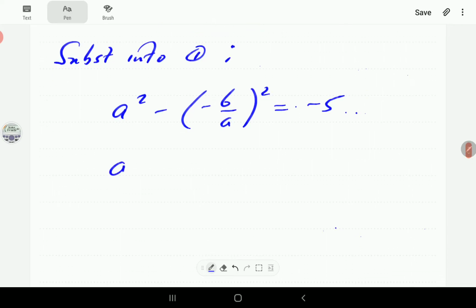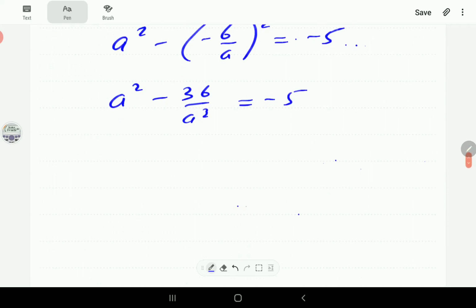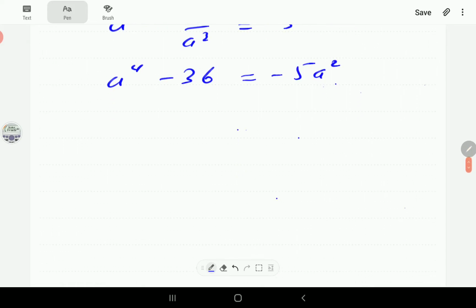This is a squared minus 36 over a squared is equal to negative 5. Multiplying through by a squared, we get a to the power 4 minus 36 is negative 5a squared. So this is a to the power 4 plus 5a squared minus 36.